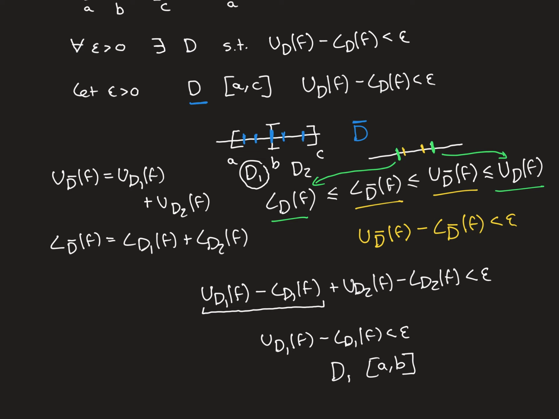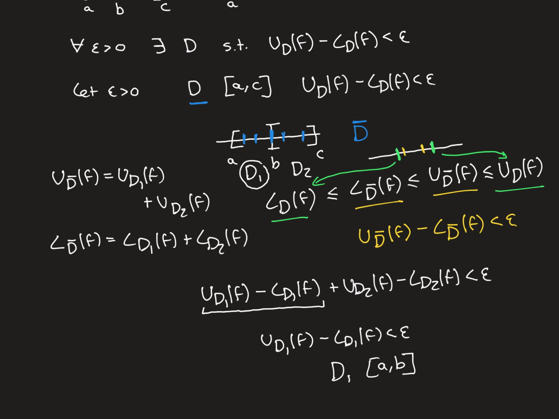Now, why can I conclude that from this line? Well, it's because if you take the difference between an upper and lower Riemann sum, it's always going to be positive or zero, because remember, any upper Riemann sum is always greater than or equal to the lower Riemann sum over that same dissection. Indeed, it holds more generally: any upper Riemann sum is always greater than or equal to any lower Riemann sum. They don't even need to be over the same dissection, but it certainly holds true if they're over the same dissection.